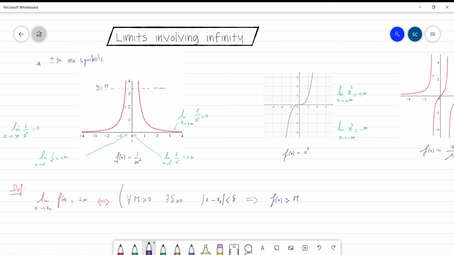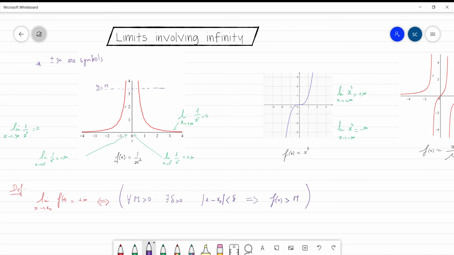Each time I give myself a large m, I am able to find a small interval close to x0 so that for all the x's in the small interval, the f(x) remain greater than m. When we have this behavior, we can write that f goes to plus infinity as x approaches x0.